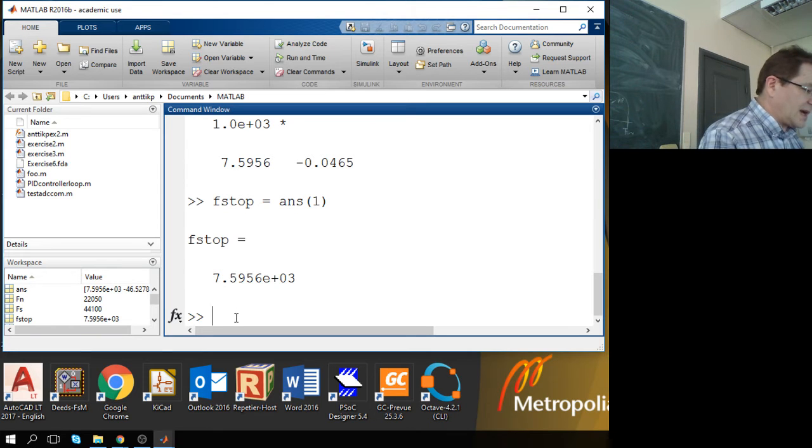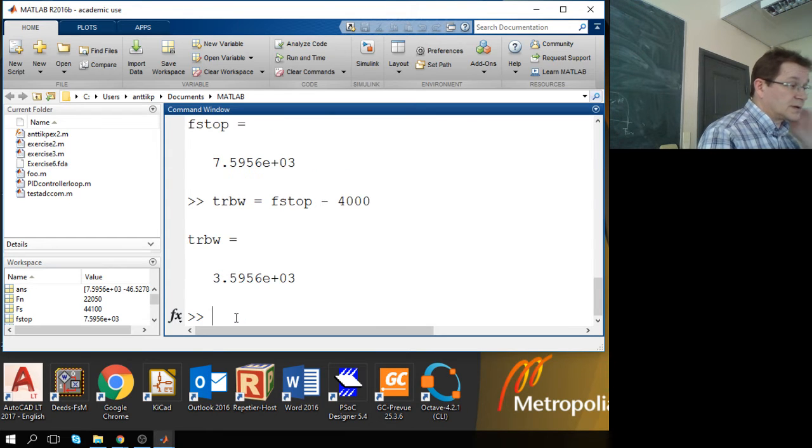And the transition bandwidth is basically f-stop minus our cutoff frequency, which was 4,000 hertz. There, okay.